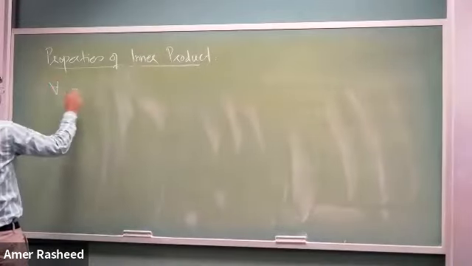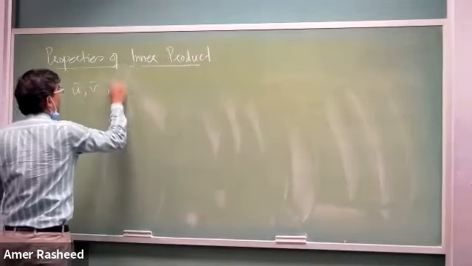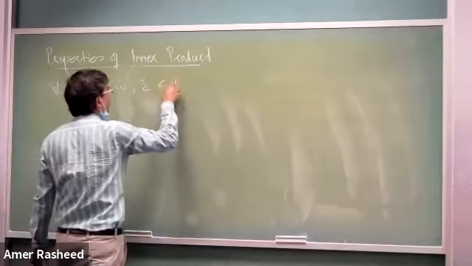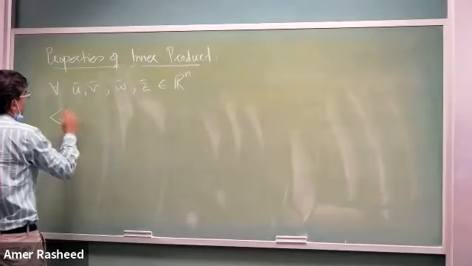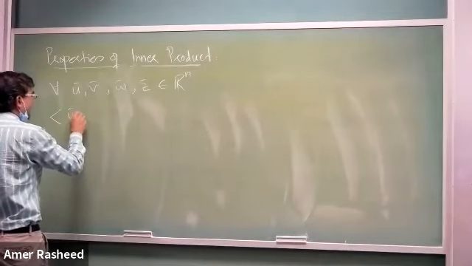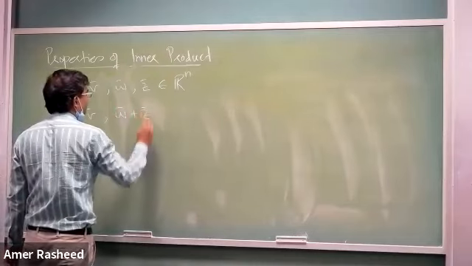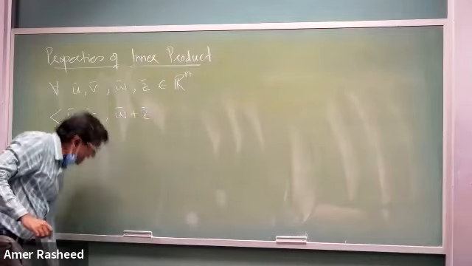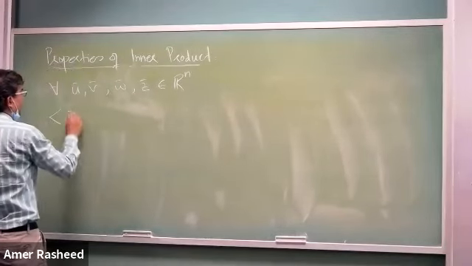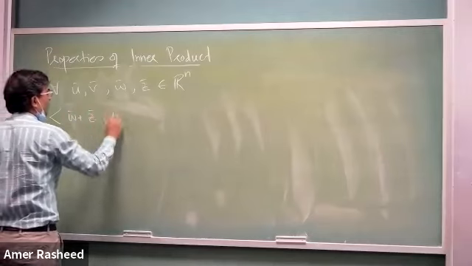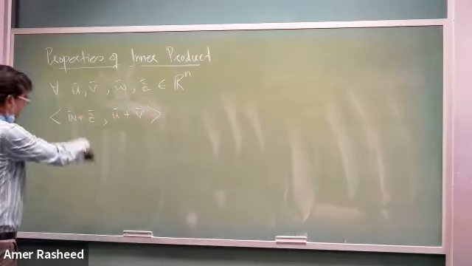If we have four vectors, for example, U, V, W, and Z, all belonging to Rn, then we can say that (U plus V, W plus Z), or rather write it as (W plus Z, U plus V), because in the notes it was written this way.